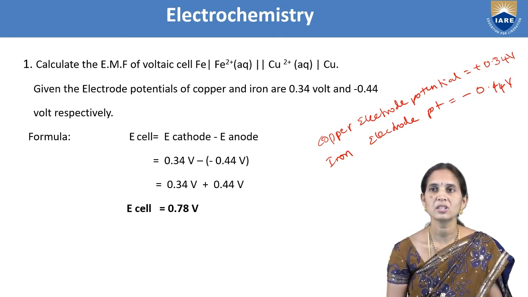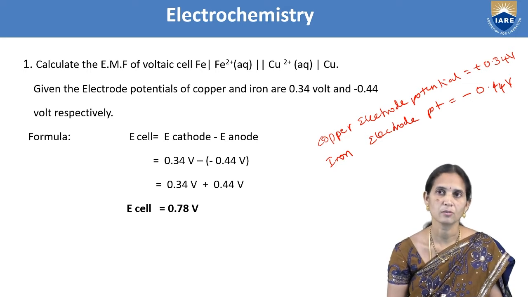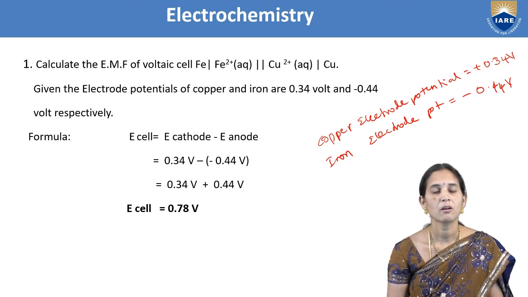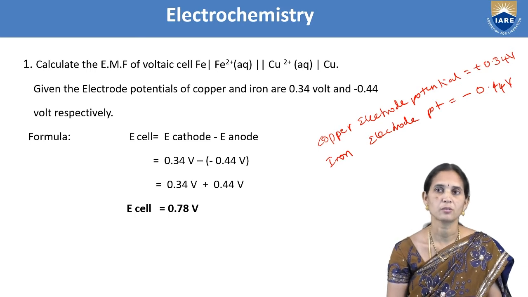You can see the positive and negative signs and make the difference here. You can easily find out which electrode is undergoing reduction and which is undergoing oxidation. When we couple these two electrodes, the iron electrode undergoes oxidation reaction and the copper electrode undergoes reduction reaction.